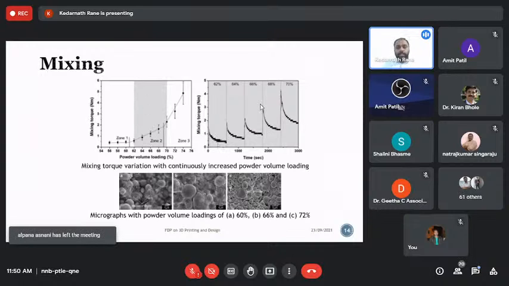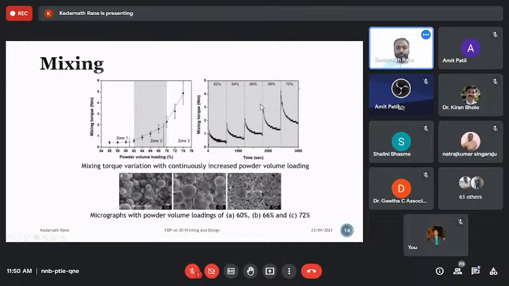Similarly, as you can see, with respect to time your torque is going to increase, because of the quality of the process as well as the powder loading.